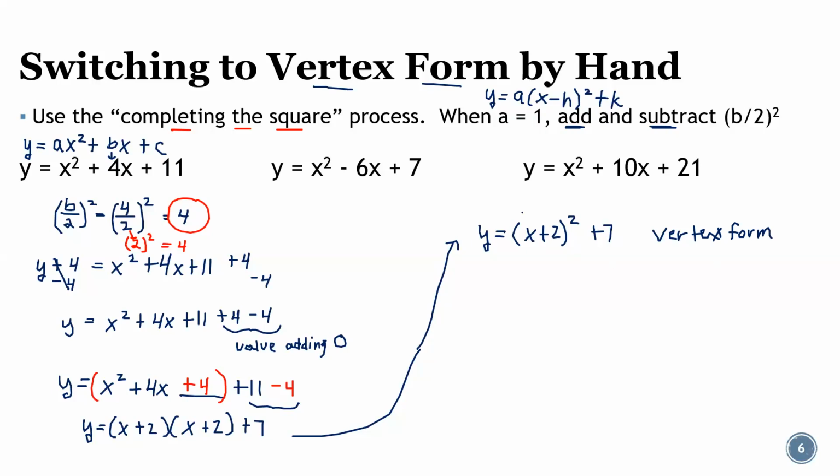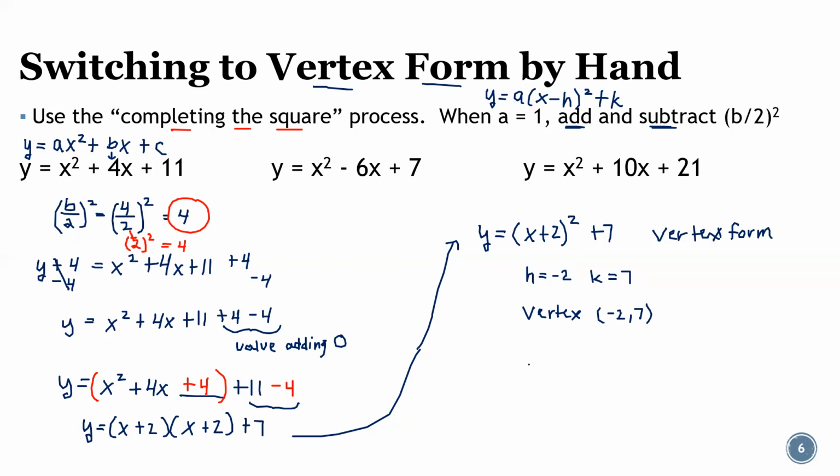In this form, matching up with our vertex form, I see that the value for h, there's always a sign change there, is -2. The value for k is 7. So that means that my vertex is -2, 7.